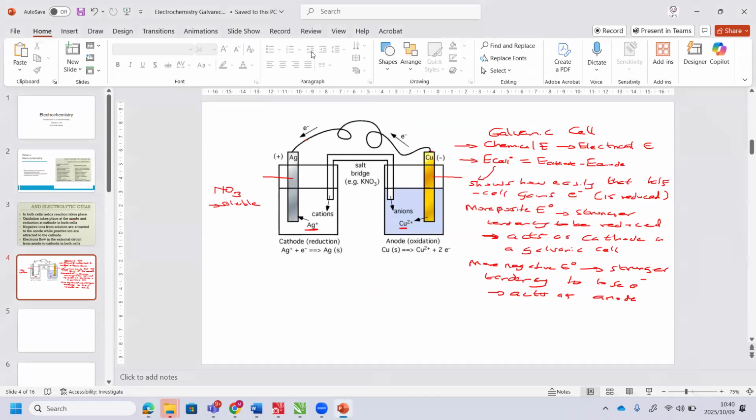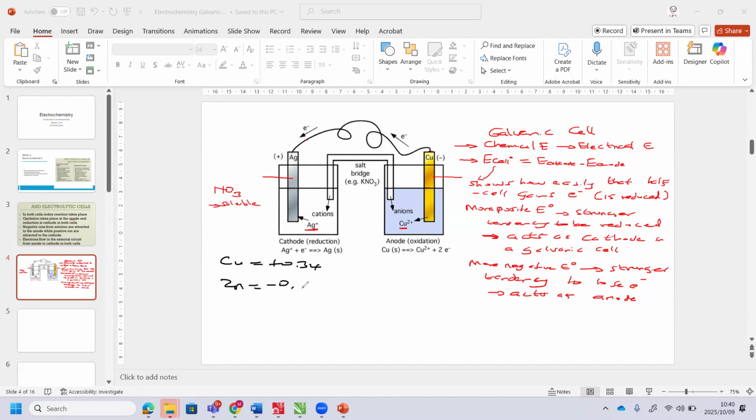It's minus 0.76. So we said copper is plus 0.34 and the zinc is minus 0.76. So can you see that it means the copper will get to be reduced?